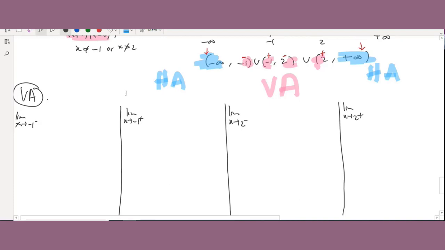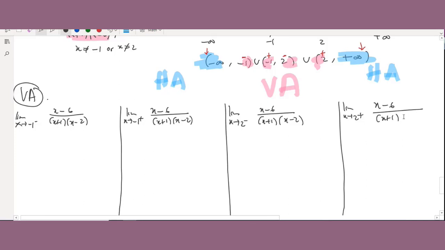And the function is x minus 6 over x plus 1 times x minus 2, for each of the 6 tests.